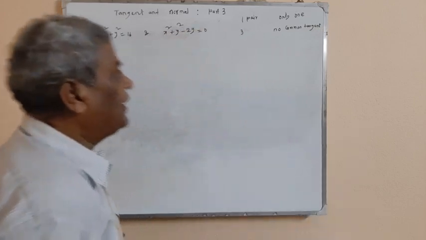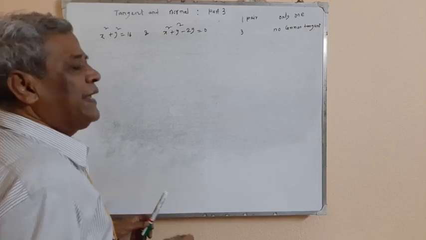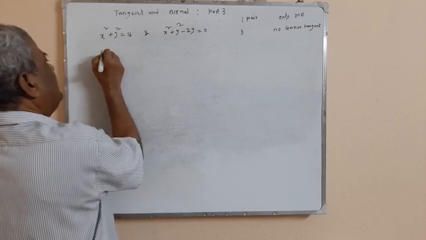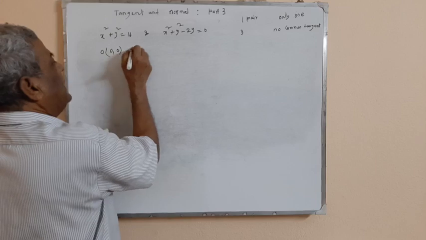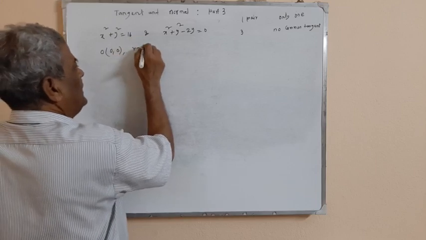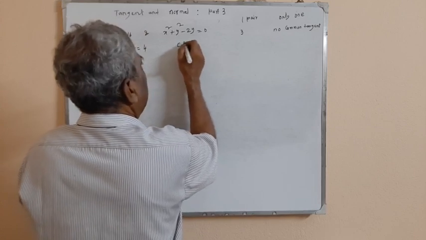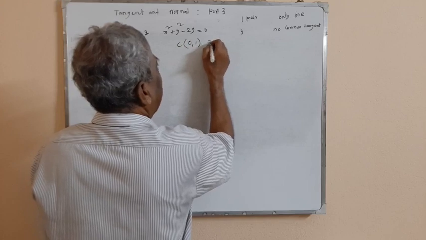This problem can be solved simply by drawing a rough sketch. This is a circle, its center is at the origin 0, 0, and radius is square root of 16, that is 4. For the other, its center C is at 0, 1 and radius is 1.